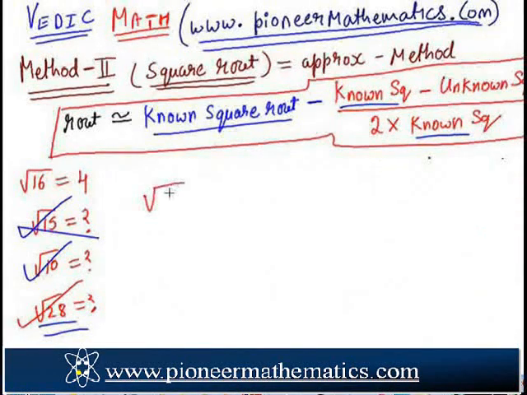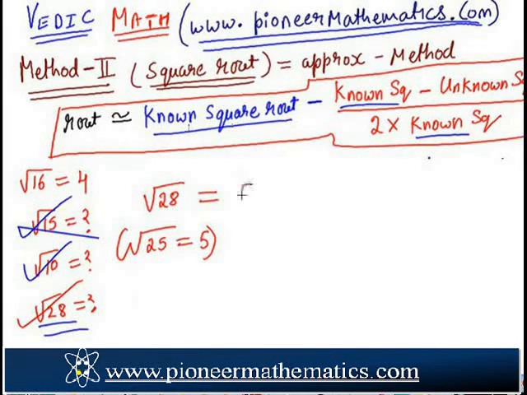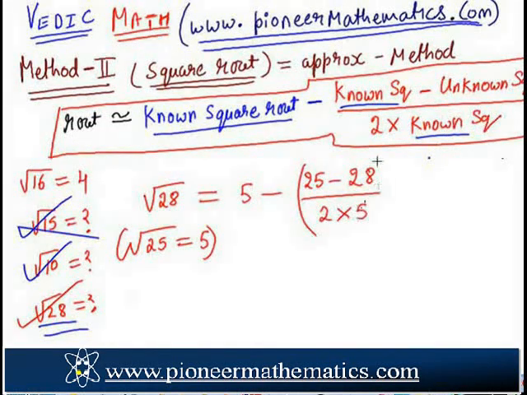Now see the square root of 28. Now how to get this? What is the known square near to this? Near about 25. The known square is 25. What is the square root of 25? 5. Now see, according to the formula, known square root 5 minus known square 25 minus unknown square 28 upon 2 into known square root 5.